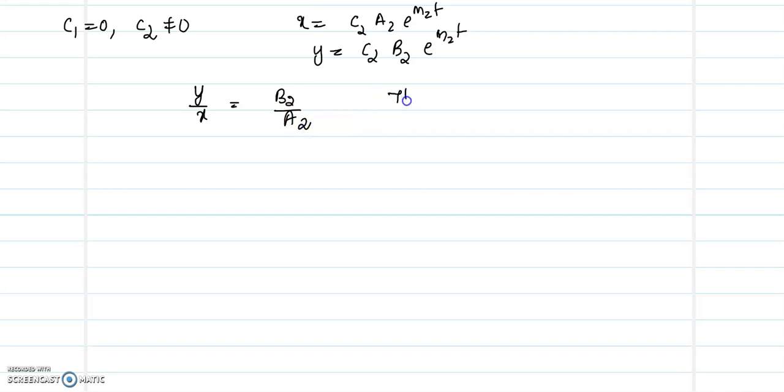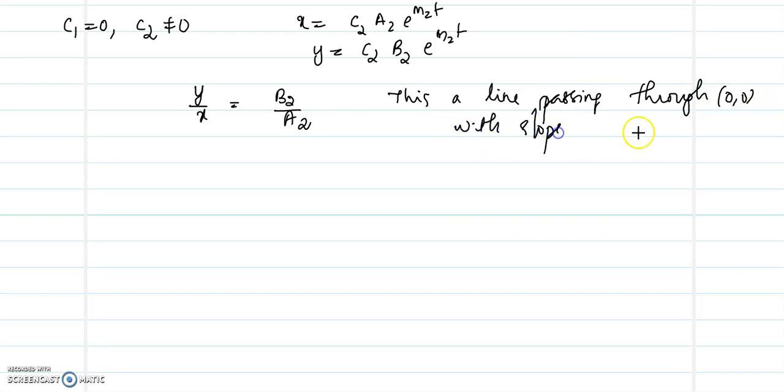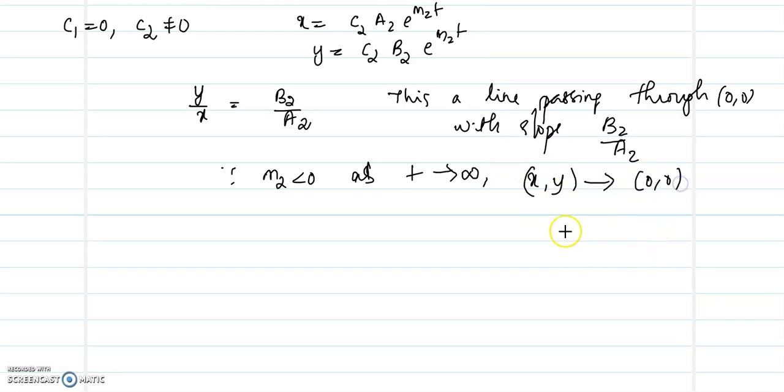So this is again a line passing through 0, 0 with slope b2 by a2. Now since m2 is less than 0, as t tends to infinity, x and y will be approaching 0, 0. So again here also we get lines that enter the origin, approaching 0 as t tends to infinity.